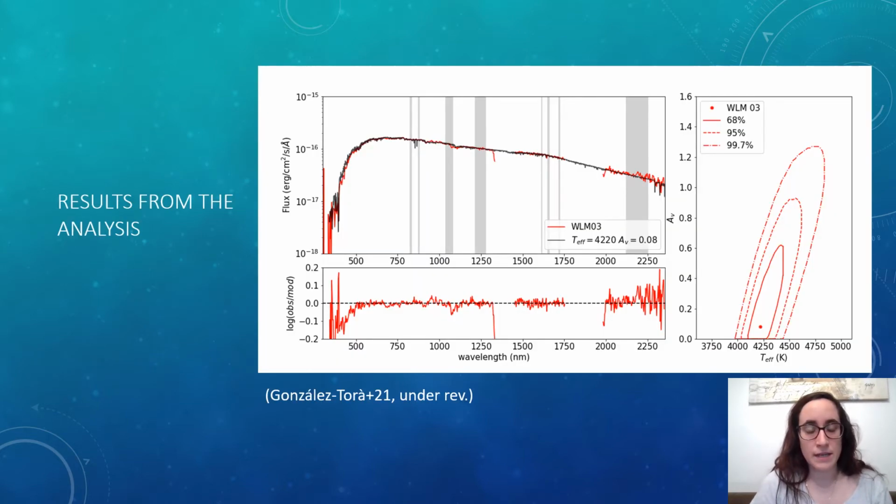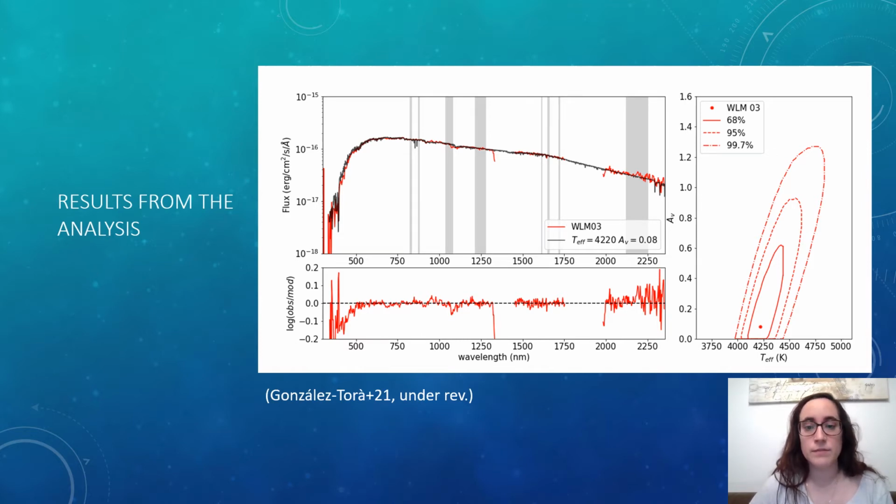So this is an example of the analysis of the observations. You can see on the top left, in red, the spectrum of a red supergiant in WLM. In black is the best-fitting MARCS model for this spectrum based on the spectral energy distribution method.